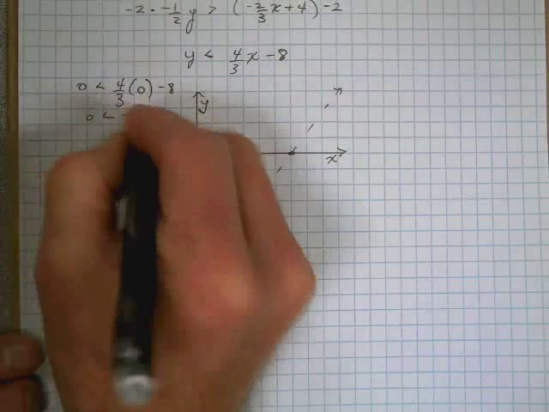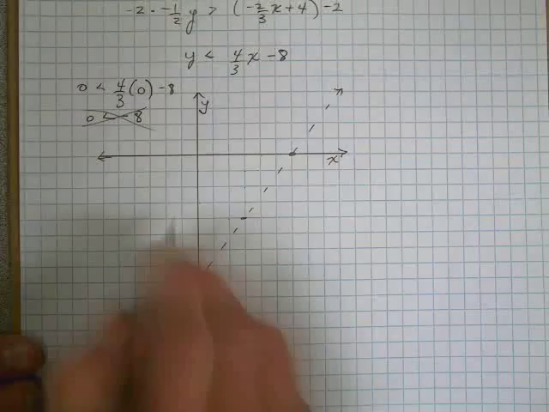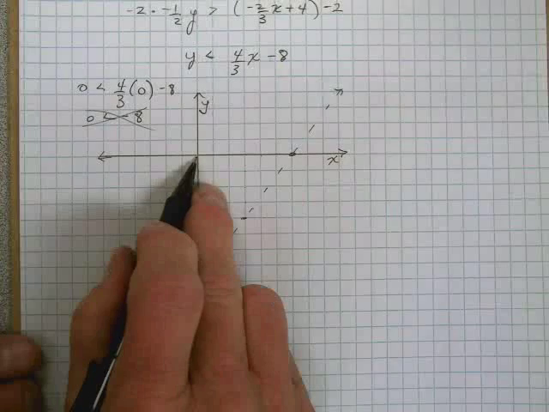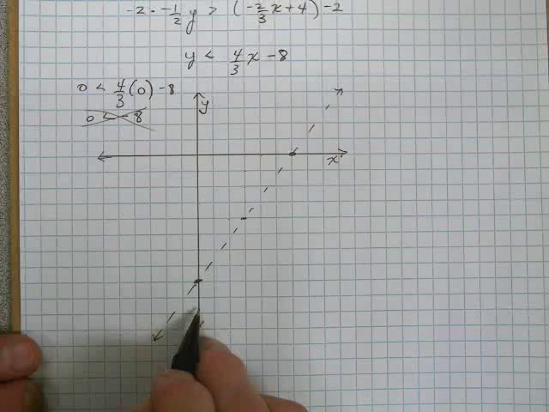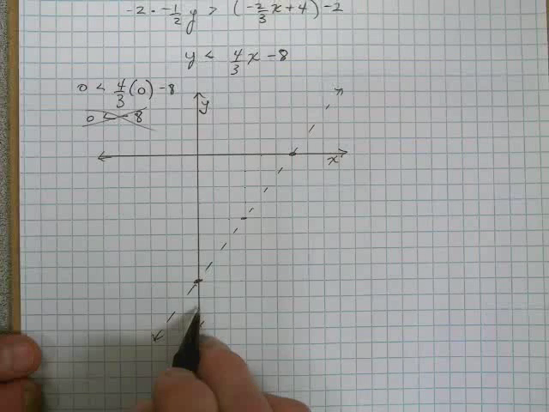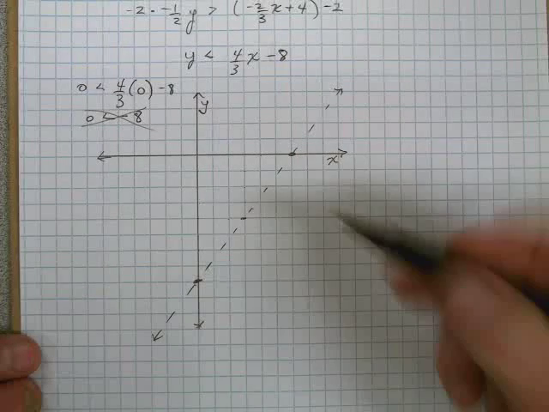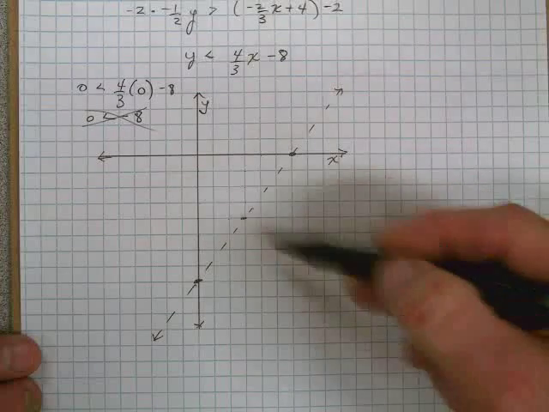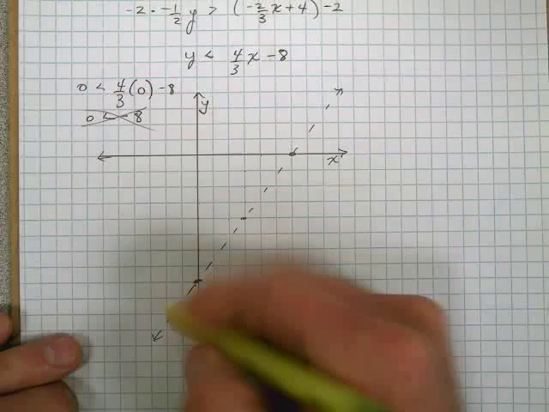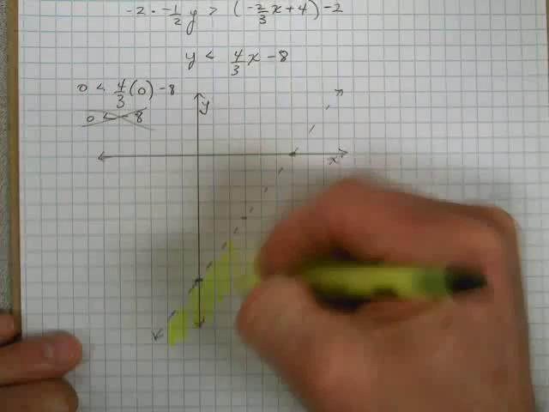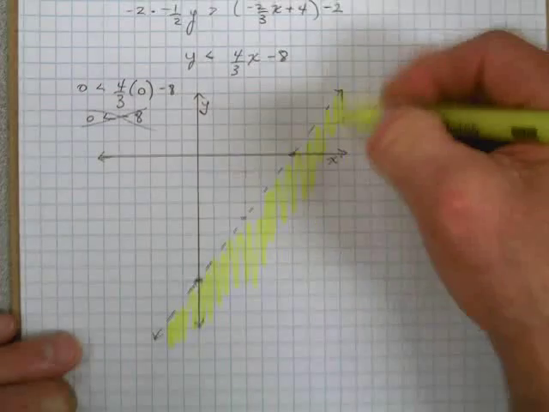Is 0 less than negative 8? The answer is no. So 0, 0 is not a member of our solution set, so we know we have to shade the side opposite 0, 0 in our boundary condition.